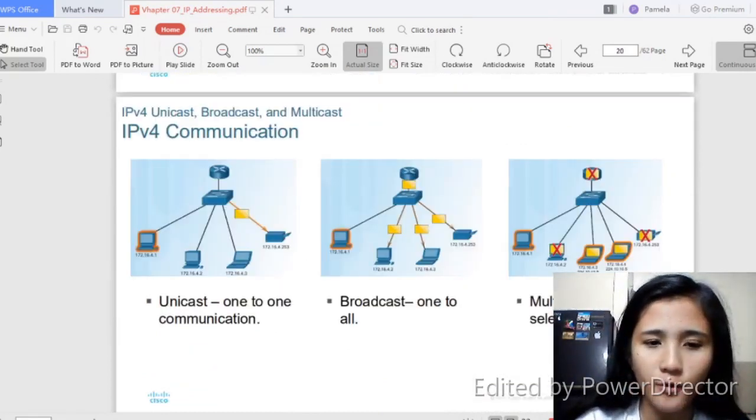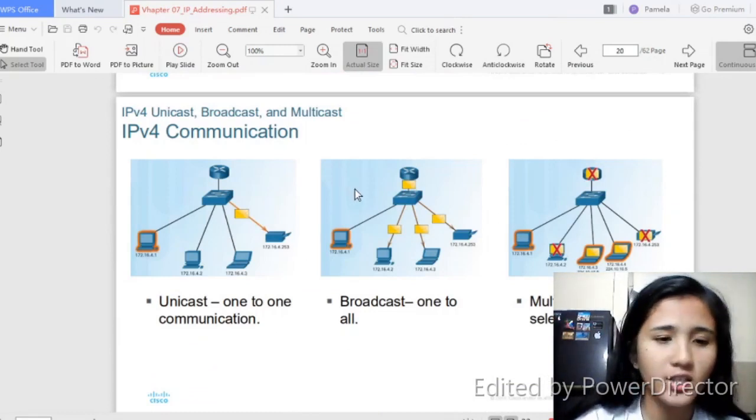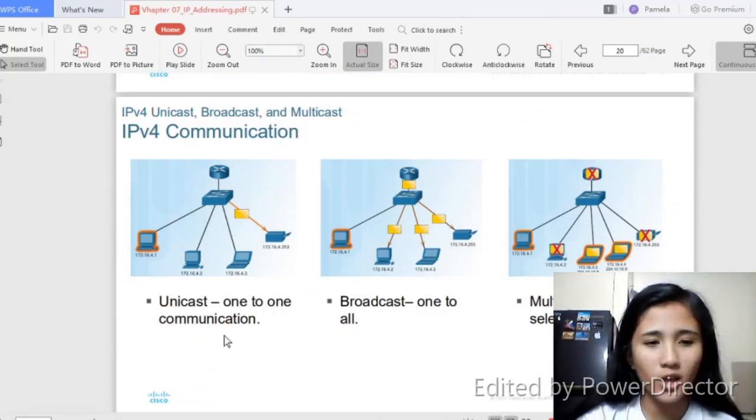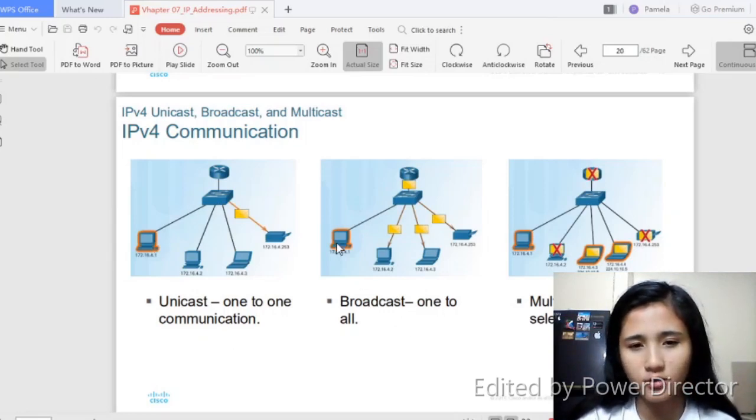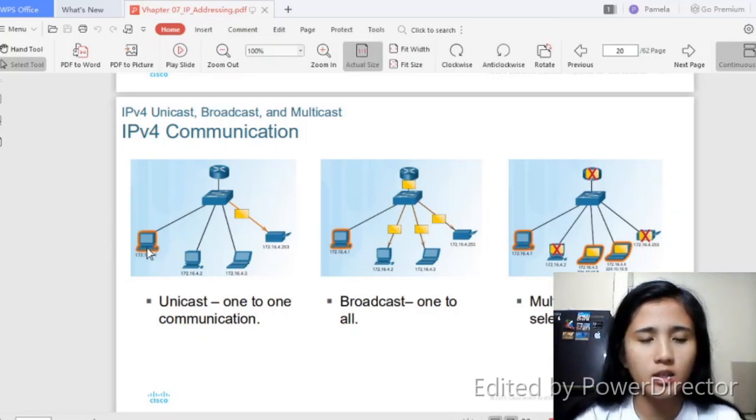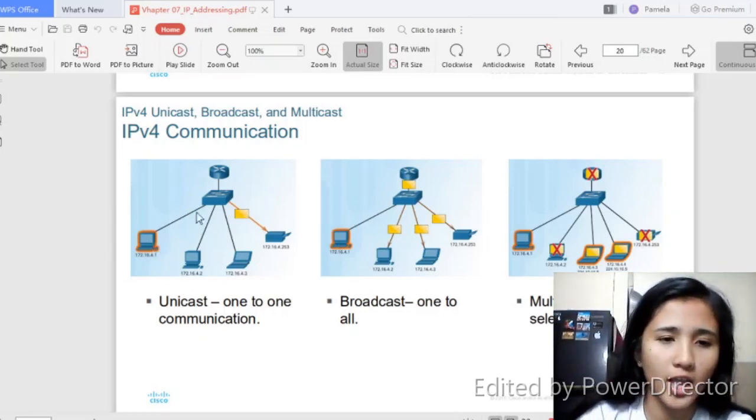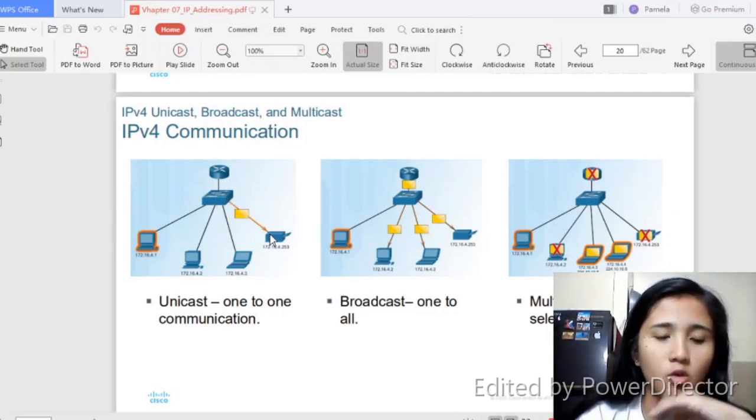So, the IPv4 communication. Unicast is one-to-one communication. Then the broadcast is one-to-all. In the example, it is the computer that sends a message. It is received by one only.